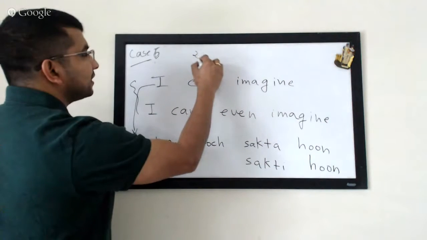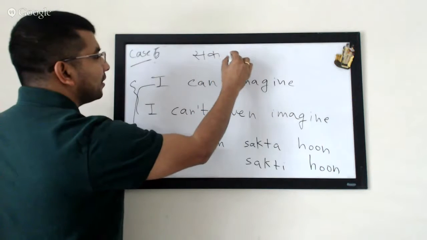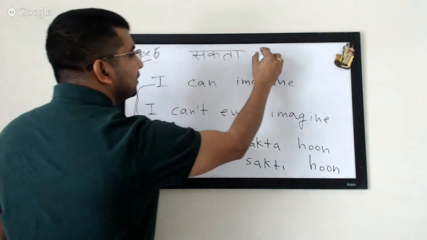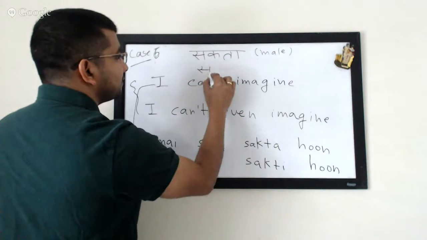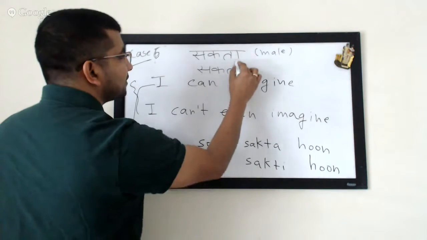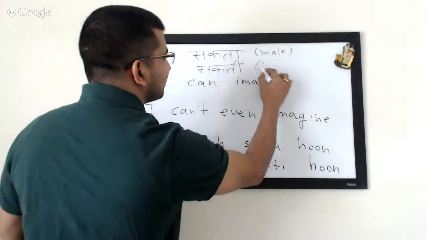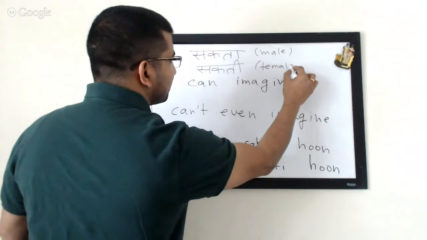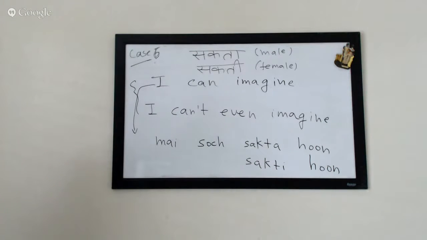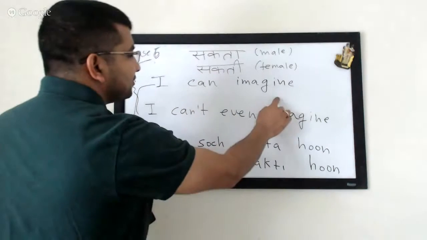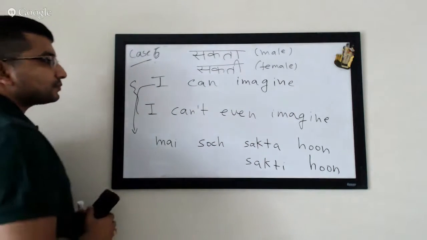Right? सकता for a male, सकती for a female. Right? मैं सोच सकता हूँ और मैं सोच सकती हूँ. Okay? Now this one is clear, right? I can imagine. मैं सोच सकता हूँ.